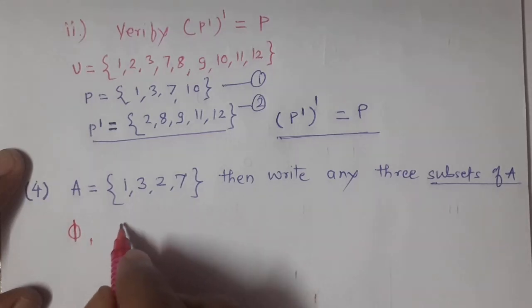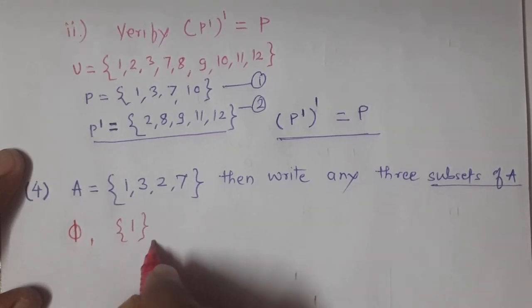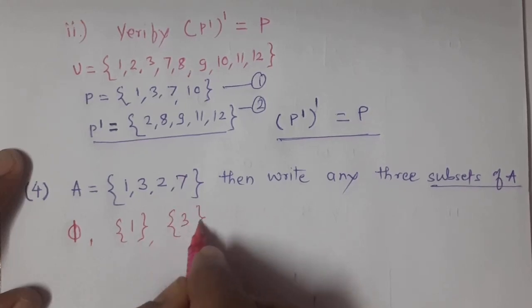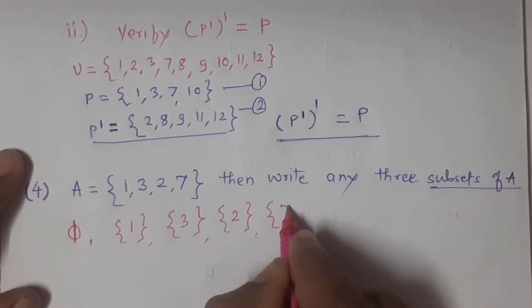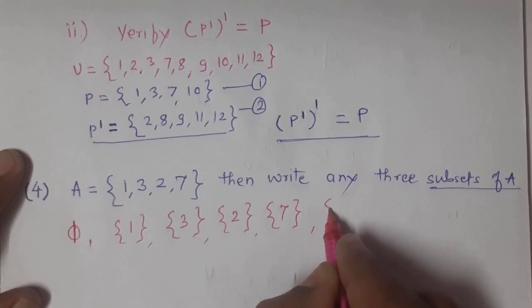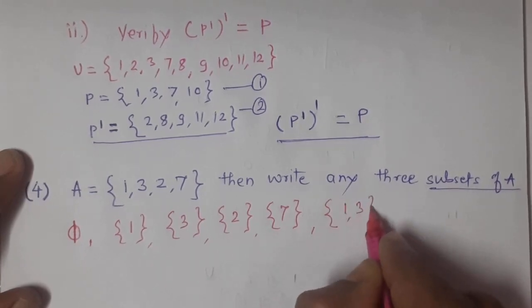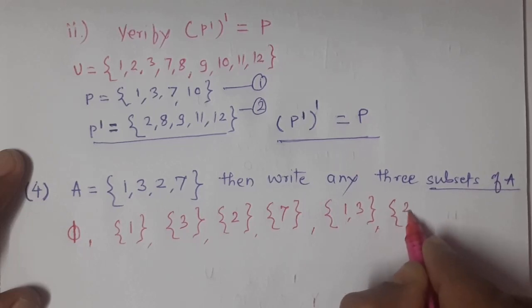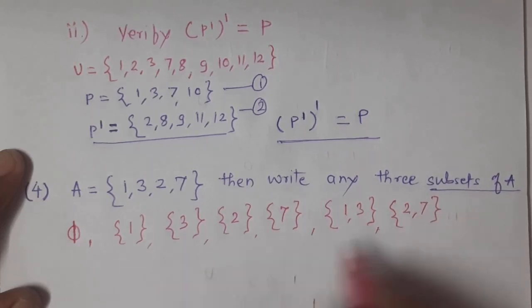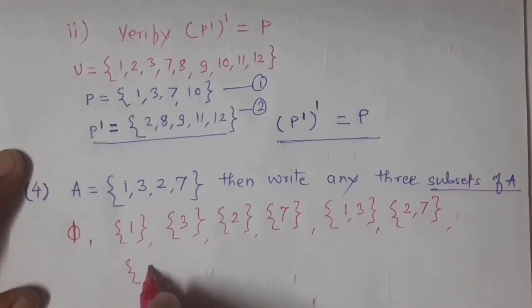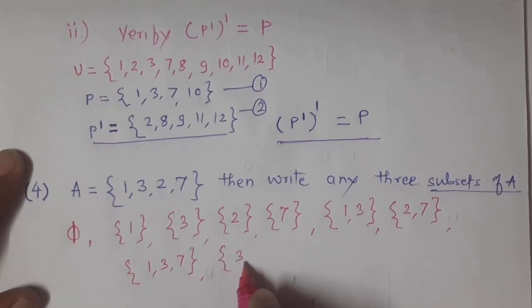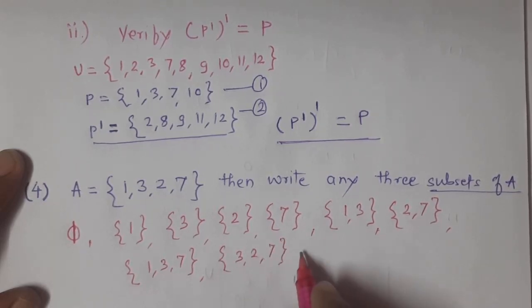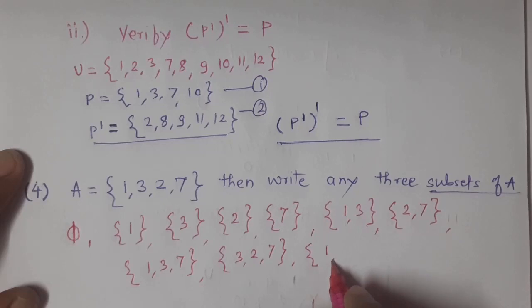Then you can say that 1 can be a subset of A. Then 3 can be a subset of A. Then 2 can be a subset of A. Then 7 can be a subset of A. Or you can combine 1 3, you can combine 2 7, you can combine 1 3 7, you can combine 3 2 7, or 1 and 7.